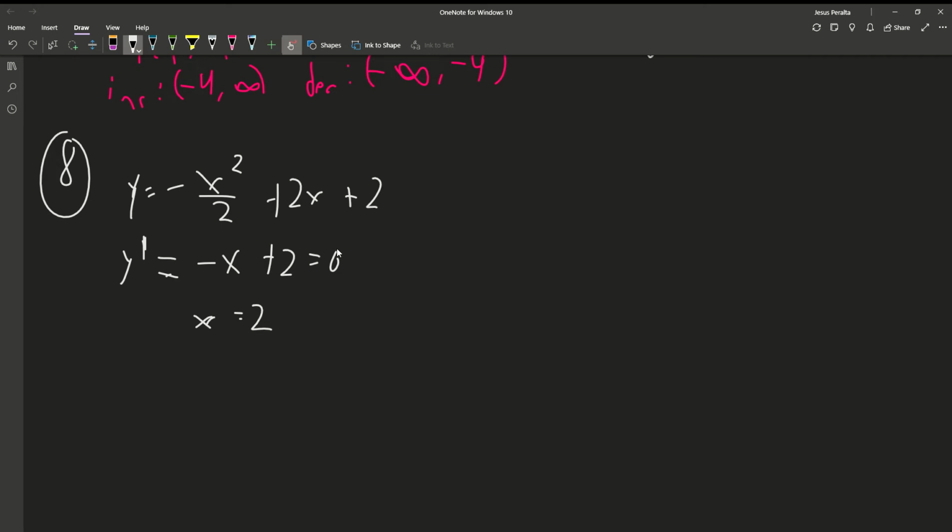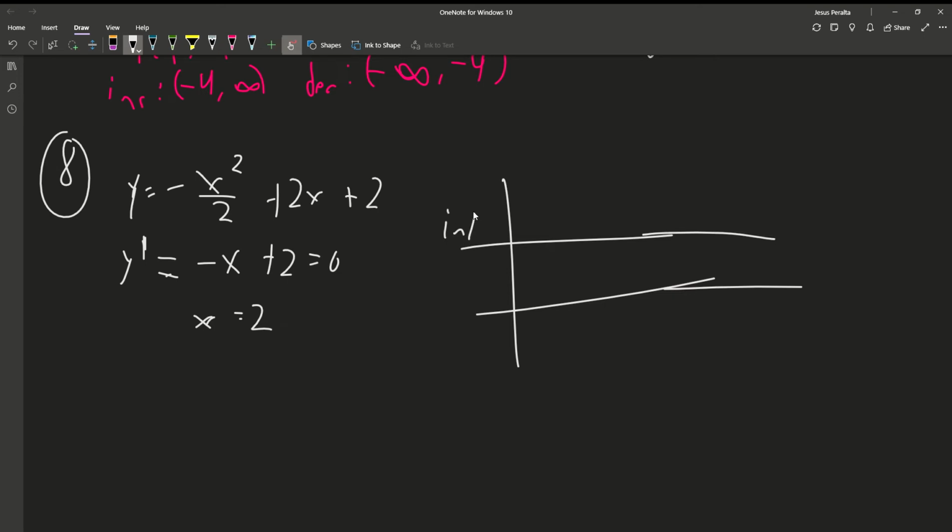So then that is our critical number. We make our charts a little bit longer. So this is our interval, this is our number, this is our sign. So then we would have negative infinity to 2, and then we have 2 to infinity.